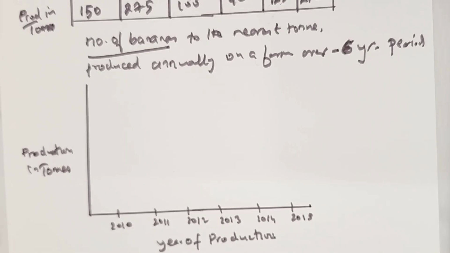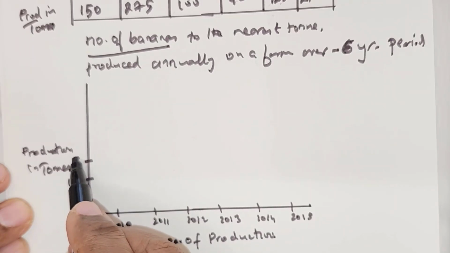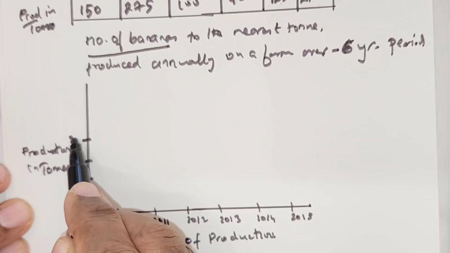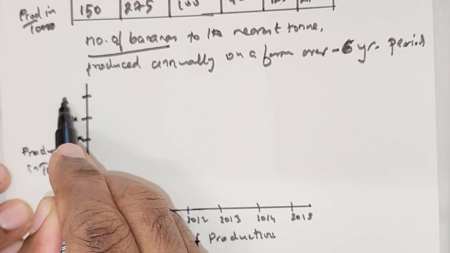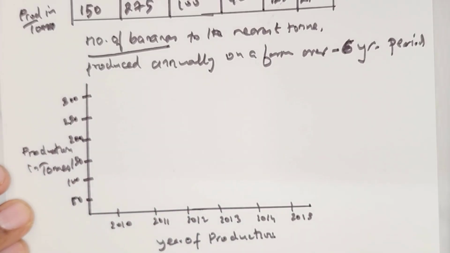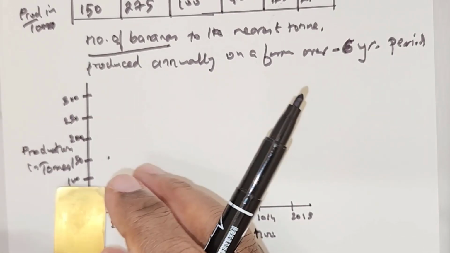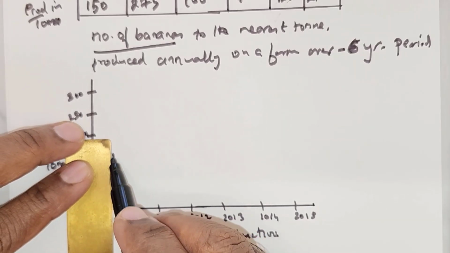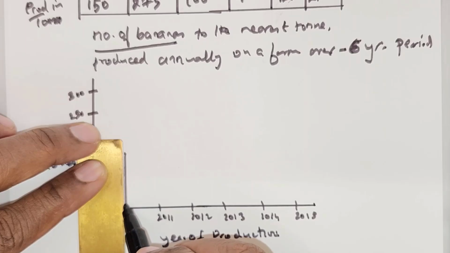So what I'm going to do is I'm going to divide this into 50s: 50, 100, 150, 200, 250, 300. In 2010 we got 150, so this is going to be my bar.